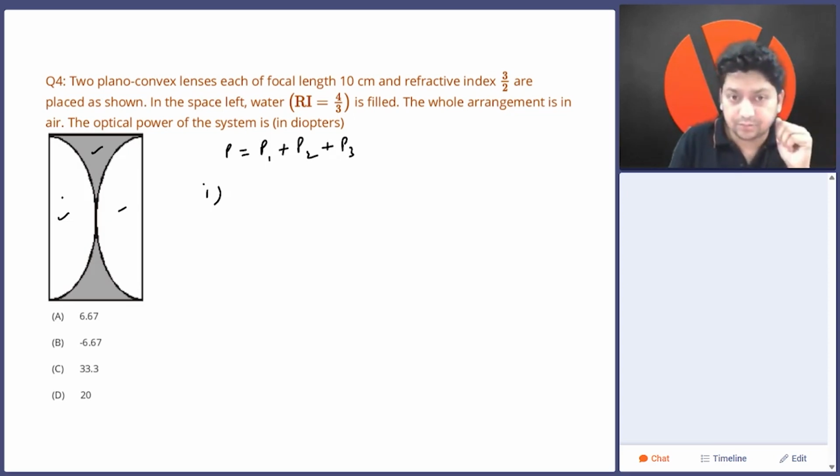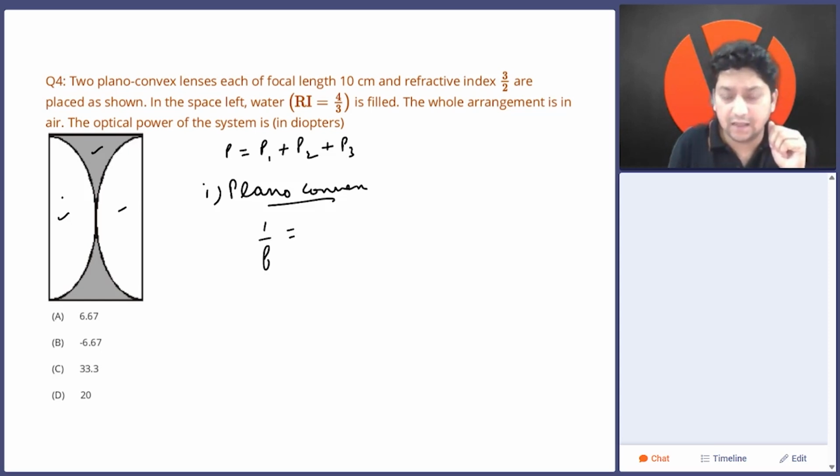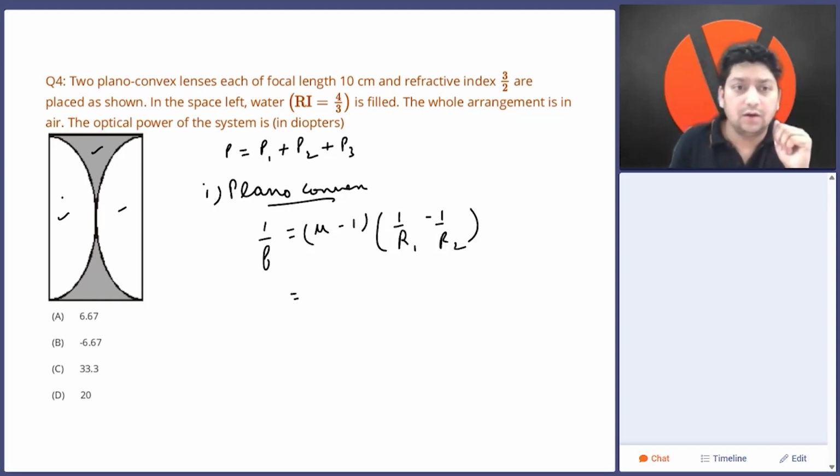So first, let's talk about plano-convex lens. In the case of plano-convex lens, we can apply the lens maker's formula. The refractive index of glass for plano-convex lens is 3/2.